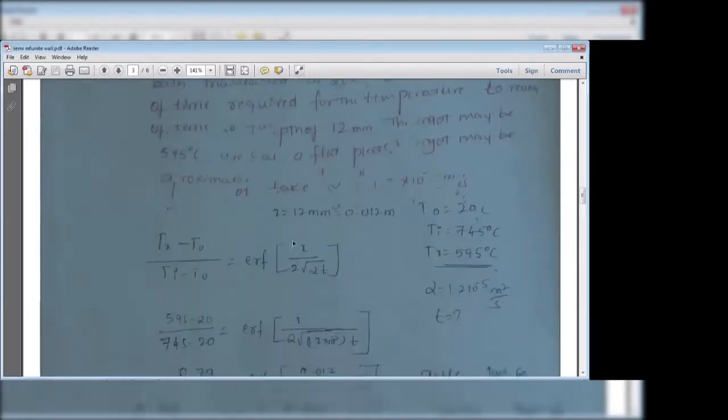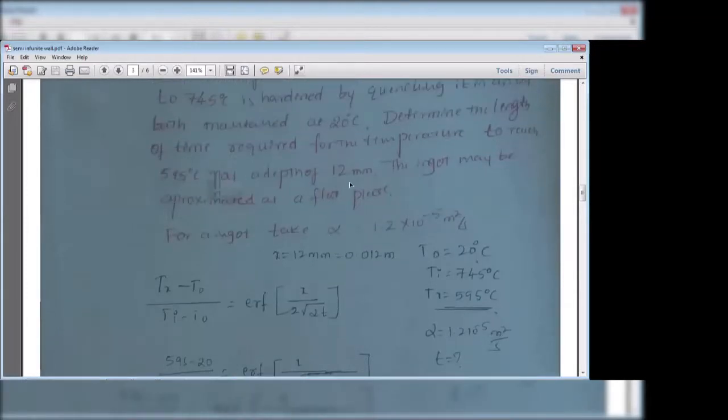What is x here? x is equal to 12 mm. Understand? x is at the depth of 12 mm.